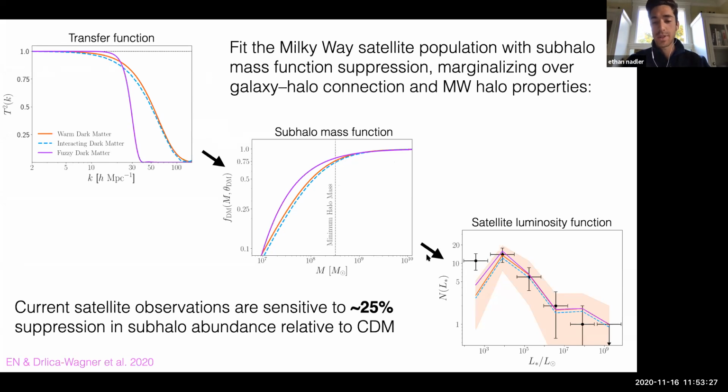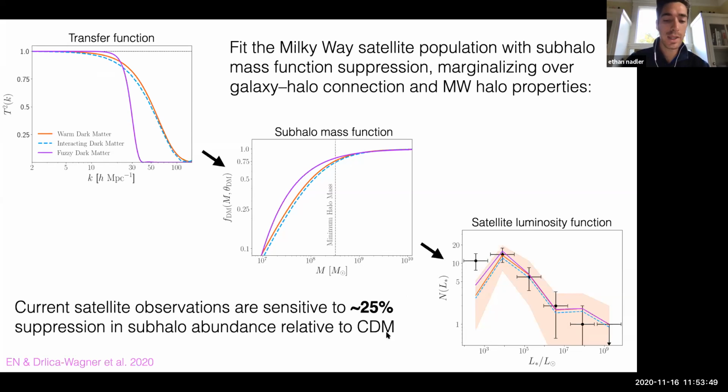And then that is used as input in a prediction for the satellite luminosity function. So in these models I'm showing you, the suppression is strong enough that you underpredict the number of ultra-faint satellite galaxies at the lowest luminosities, and so these models are ruled out by the current observations.